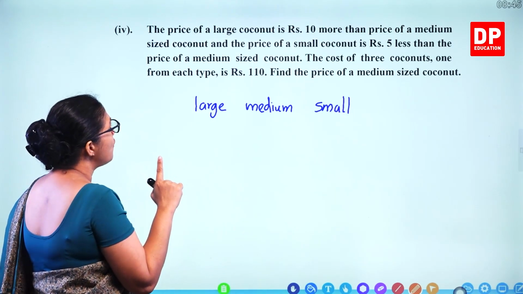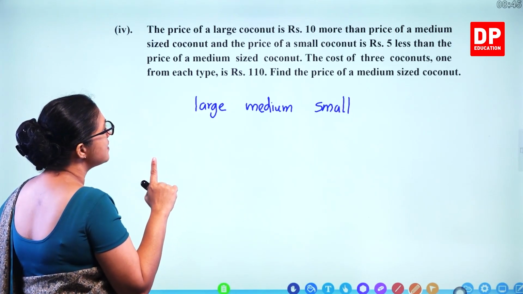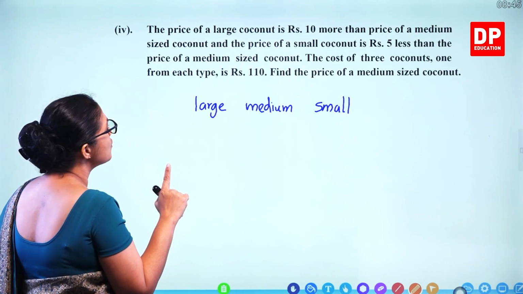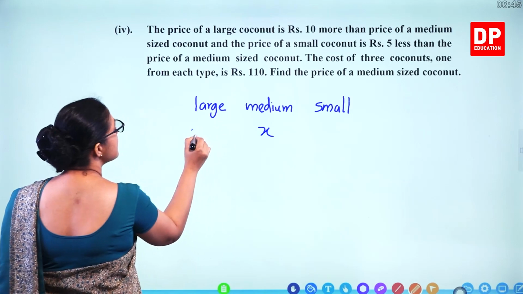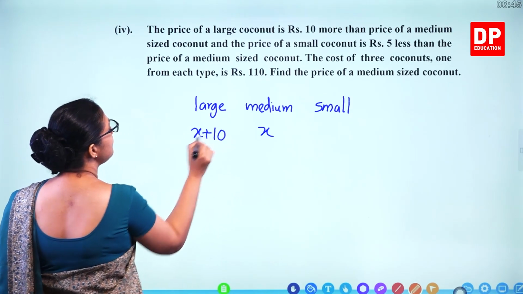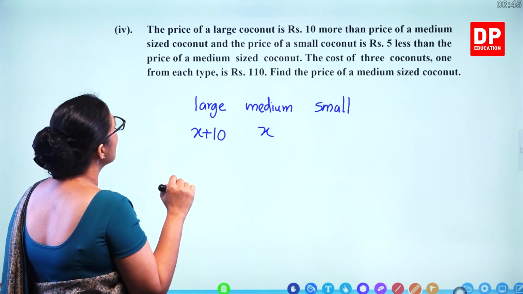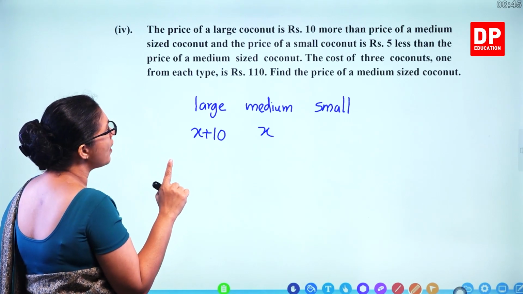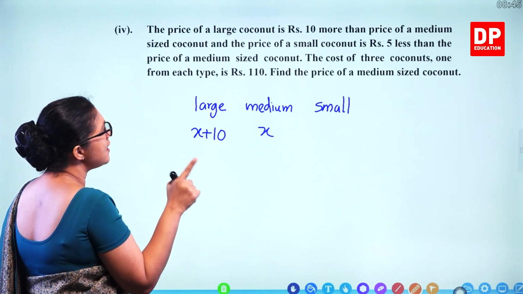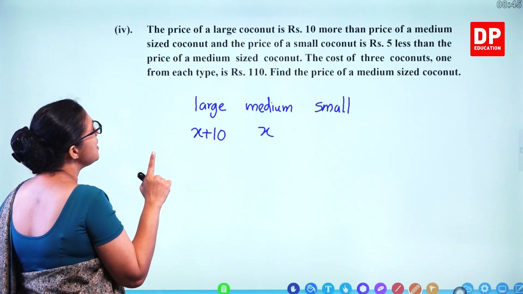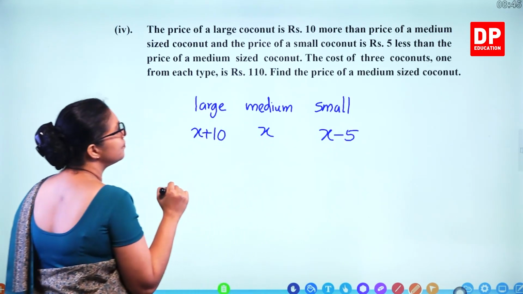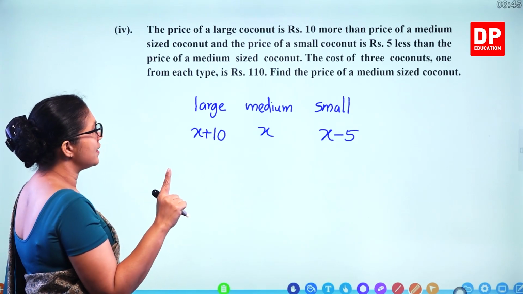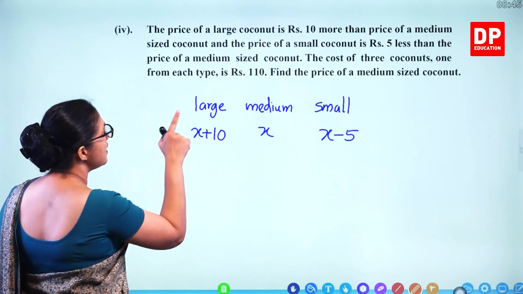The price of a large coconut is 10 more than the price of the medium-sized coconut. If this is x, it's x plus 10. And the price of a small coconut is 5 less than the medium-sized coconut, so that means x minus 5. The cost of 3 coconuts, one from each, is 110.